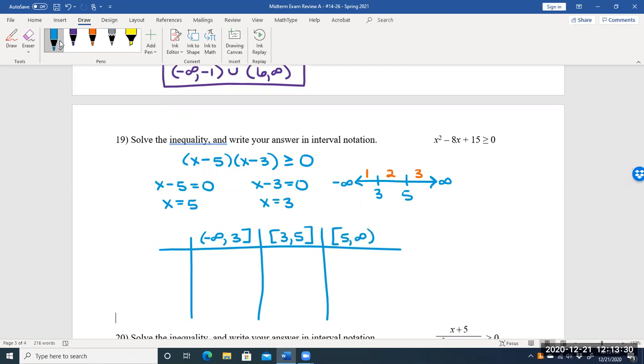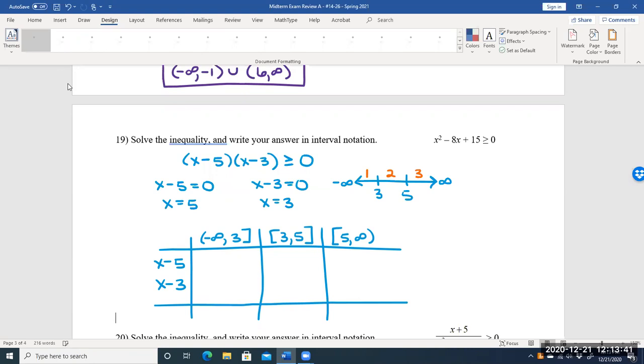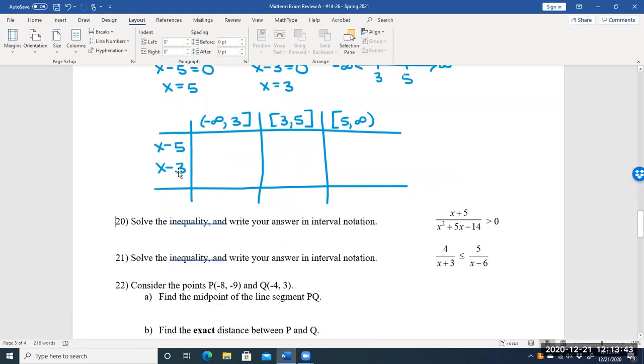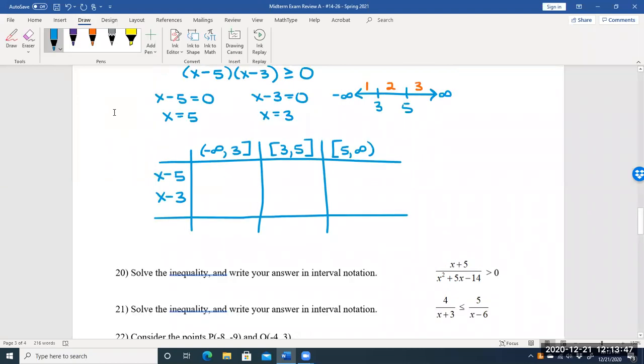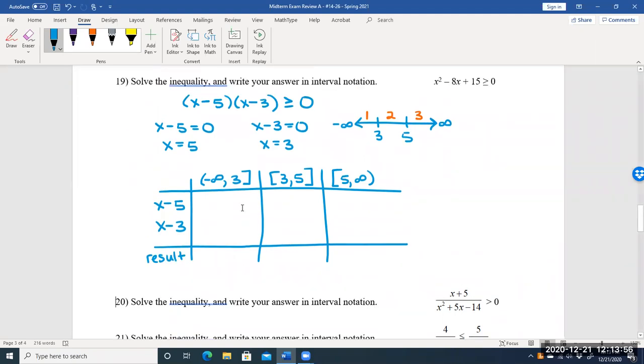And then over here in that first column that I left blank, I'm going to write in my factors, x minus 5 and x minus 3. And then finally, I'll write result here at the bottom, or resulting sign. That's going to be whether I'm going to have a positive sign or a negative sign in each of the intervals.